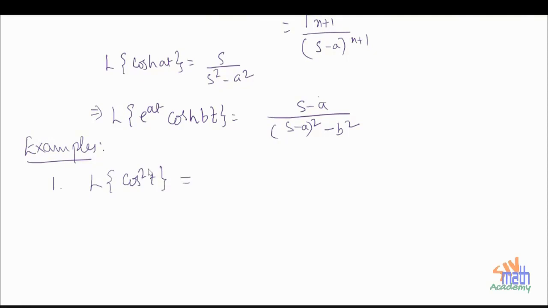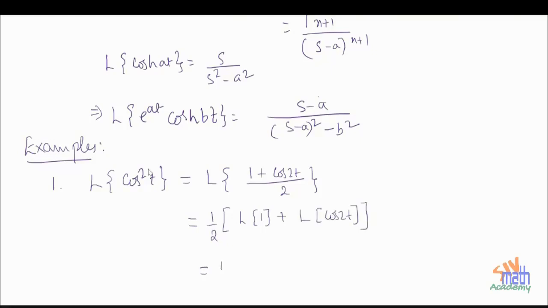Since we don't have a direct formula for cos square t, using trigonometric operations, cos square t is what? 1 plus cos 2t upon 2. Shall we write like this? Now using linearity property, half I can take outside, and I can split and write L of 1 plus L of cos 2t.